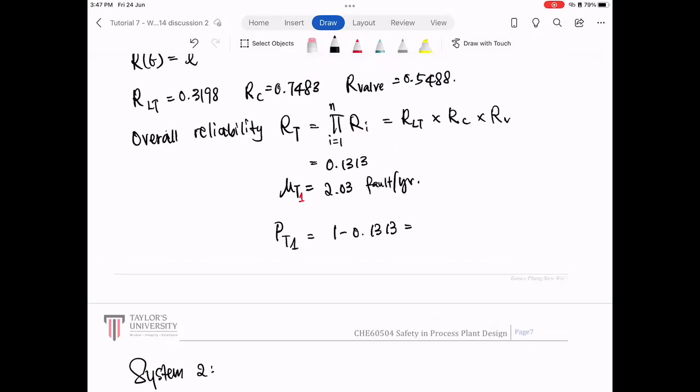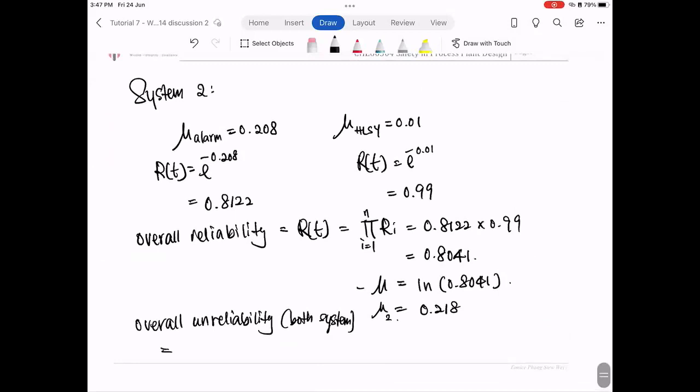So this is 0.8687. So the unreliability here, P for system 2, is 1 minus 0.8041, which we have 0.1959.